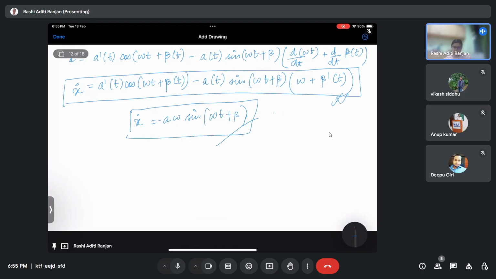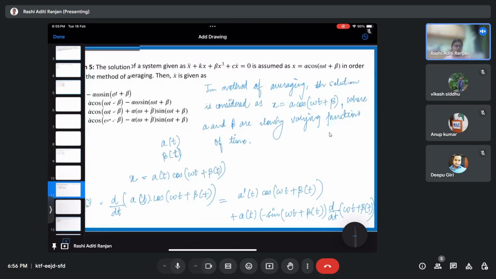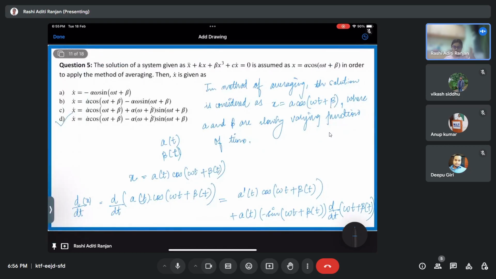There was nothing much in this question. The only concept required was that the method of averaging considers that for the solution a cos omega t plus beta, a and beta are slowly varying functions of time. That was the only concept required here.